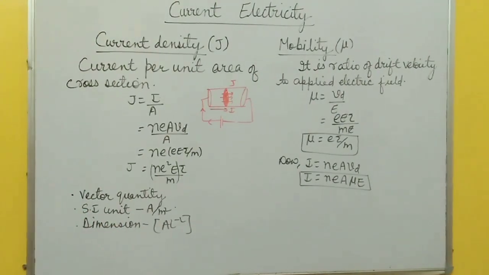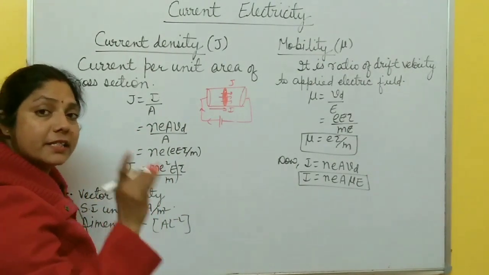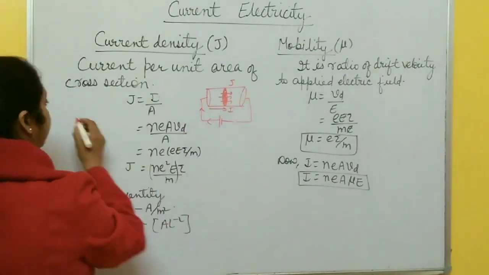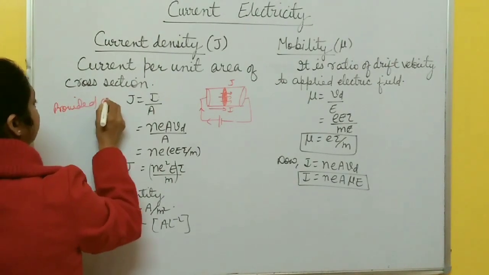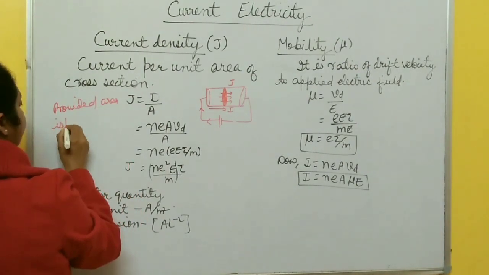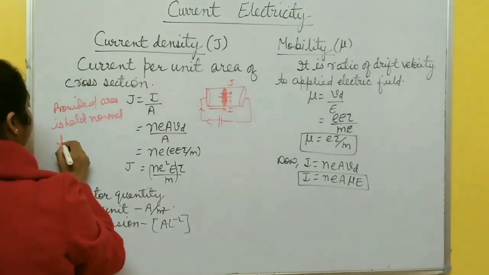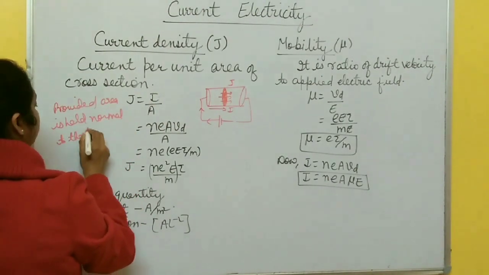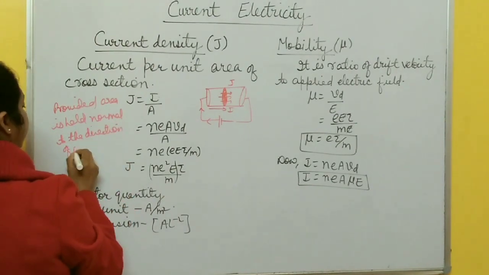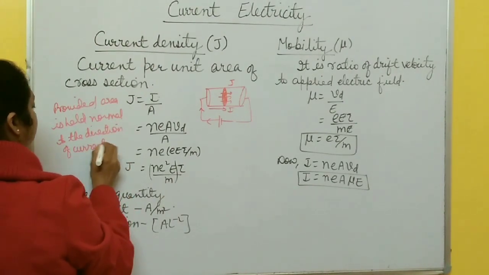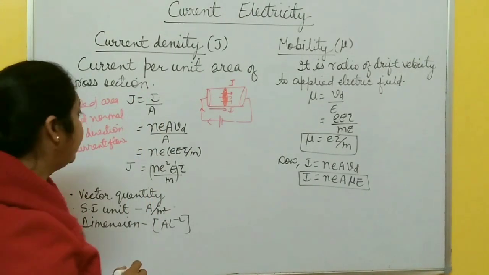So you can write it this way: current density J is current per unit area, provided the area is held normal to the direction of current flow. So J is equal to I by A.